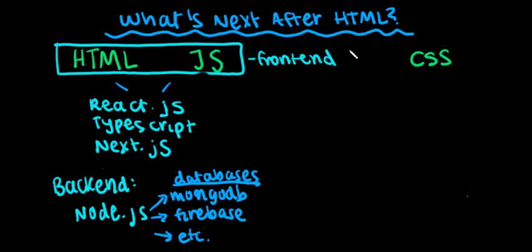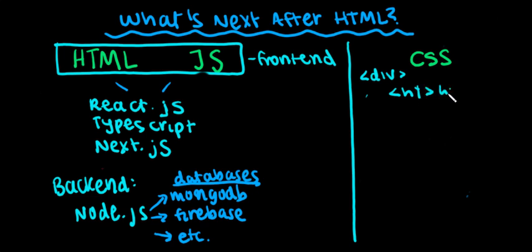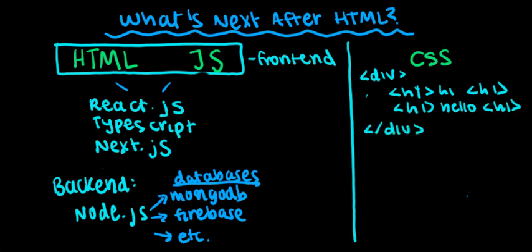Now that we've talked about these front-end and back-end languages, let's talk about CSS. Now in CSS, let's say you have a div, you have an h1 hi, you have another h1 hello, and you have a slash div here.